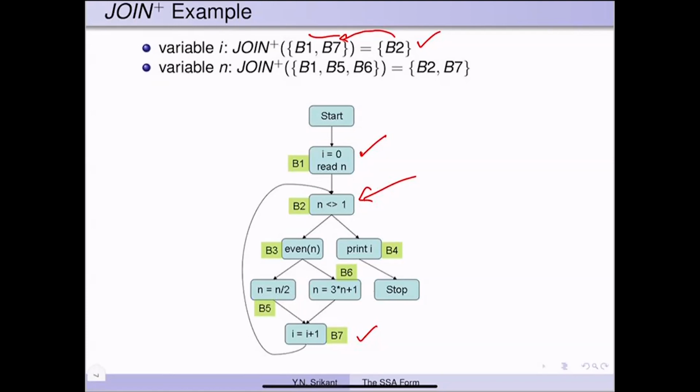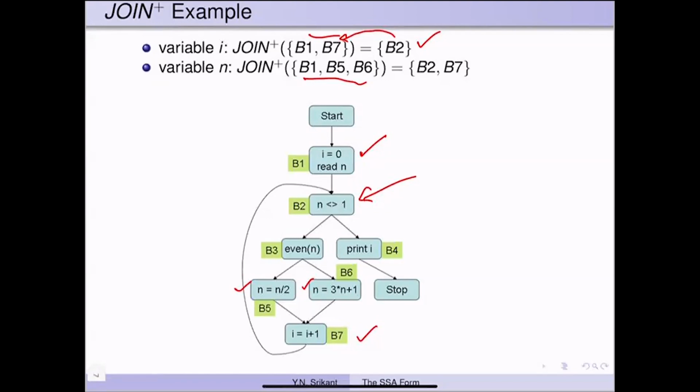Now let us consider the variable n. It is assigned in B1, it is assigned in B5, and it is also assigned in B6. Three of them. So we have our S as B1, B5, and B6.